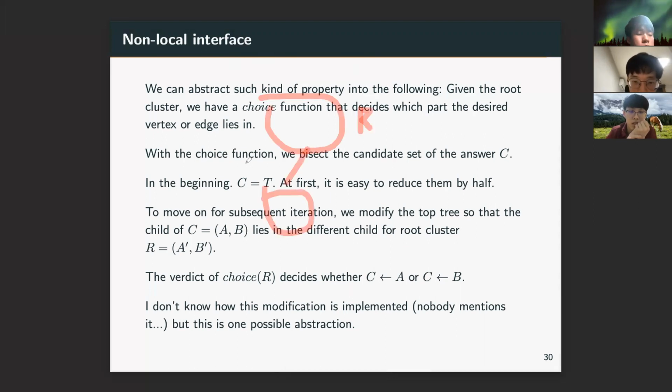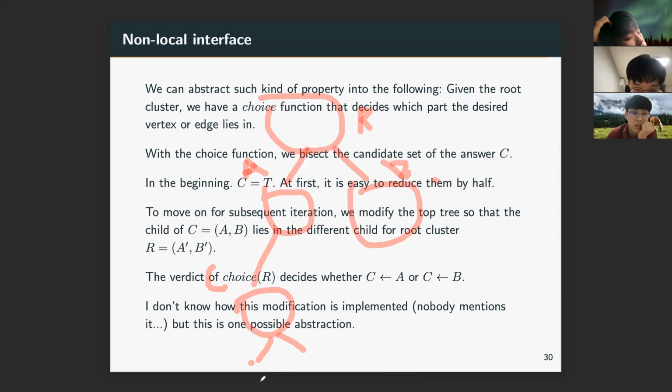You have the root cluster. Here's a son. Here's a son. Say that the candidate set is here. Then you want to bisect this one. So this is a candidate set. Then you want to see whether here is your answer or here is the answer.